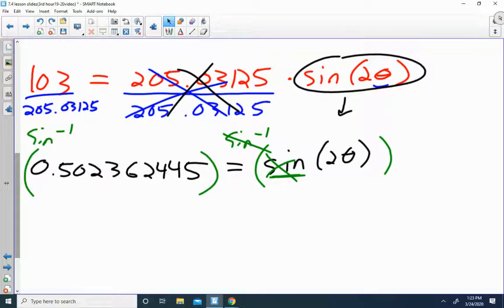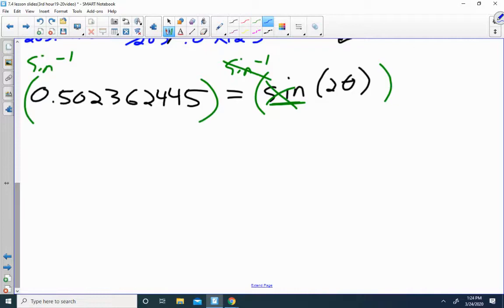103 divided by that answer should give you that. And now we need to do sine inverse of that answer. And you should get 30.15642.